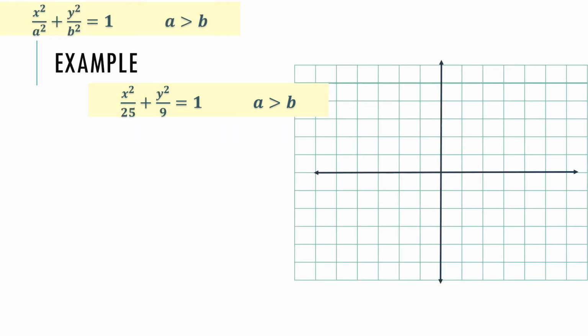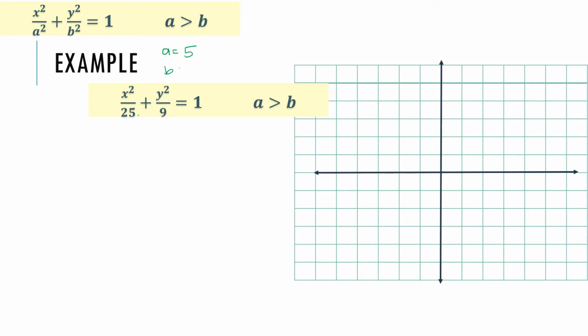Example, let us identify the properties and let's graph the ellipse x squared over 25 plus y squared over 9 equals 1. Identify muna natin, ano si a? Si a ay palaging mas malaki kay b. So, dito tayo titingin kay 25. Since ito ay naka-a squared, what is the square root of 25? Principal root, 5.